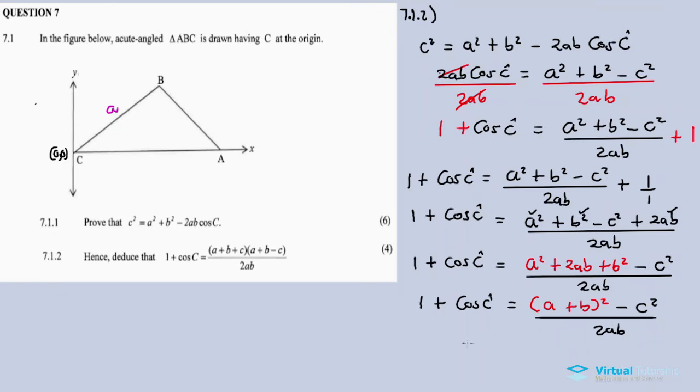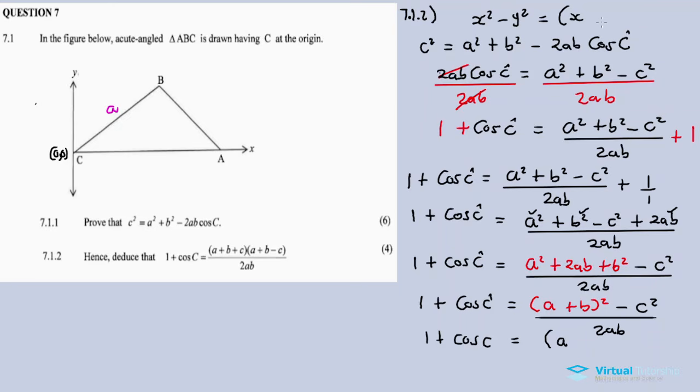But anyway, check out now, here we can have 1 plus cos c is equal to a plus b in brackets squared minus c squared, over 2ab. This is what we call a difference of two squares. It's a difference of two squares. Maybe an example will be much more clear: x squared minus y squared, this is a difference of two squares.